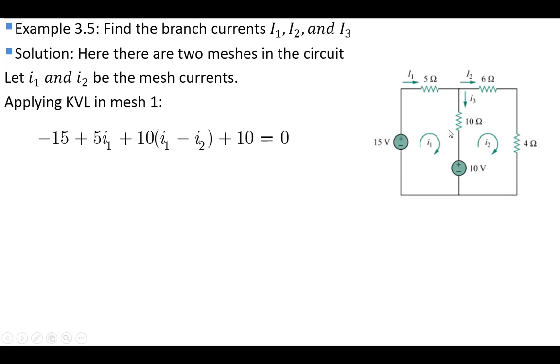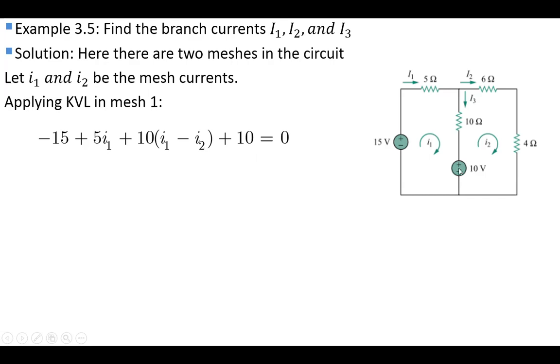In this case, the current of mesh number 1, that is I1, is flowing downward, but another current, I2, is flowing in the upward direction, totally against the direction of I1. So the current in the 10 ohm resistance, as seen from mesh number 1, is I1 minus I2. So the voltage across the 10 ohm resistance will be, according to Ohm's law, V equals I into R, that is 10 multiplied by (I1 minus I2).